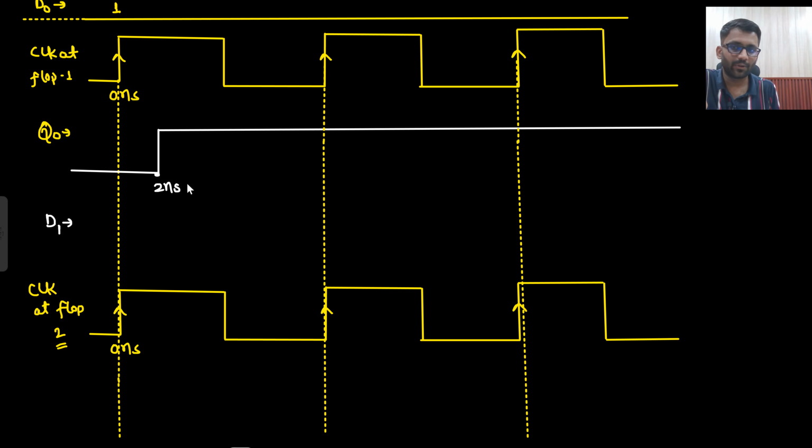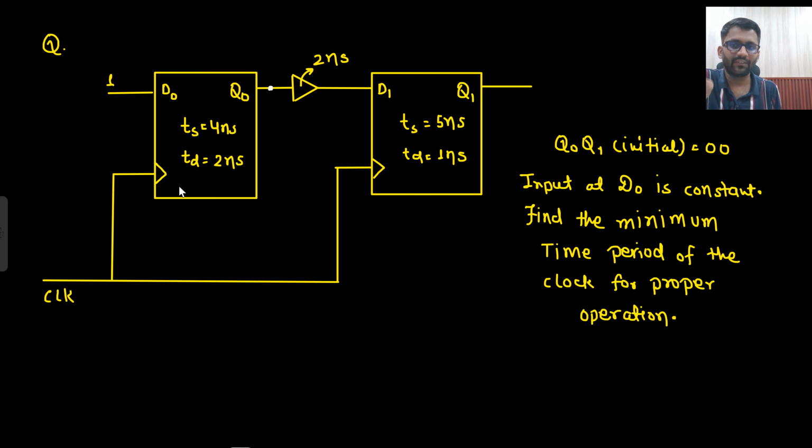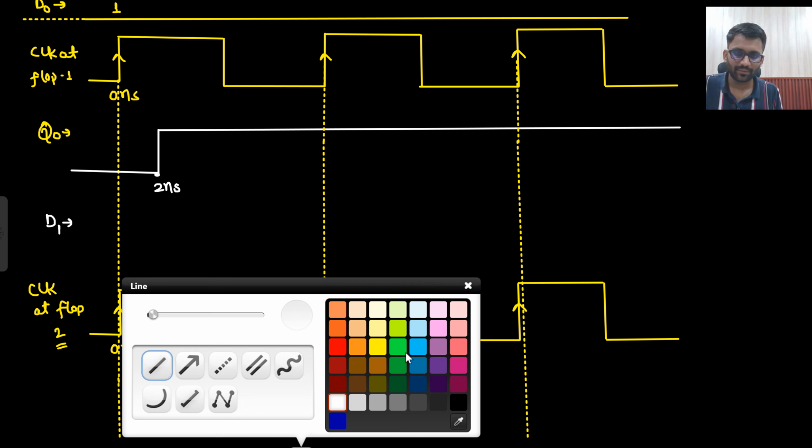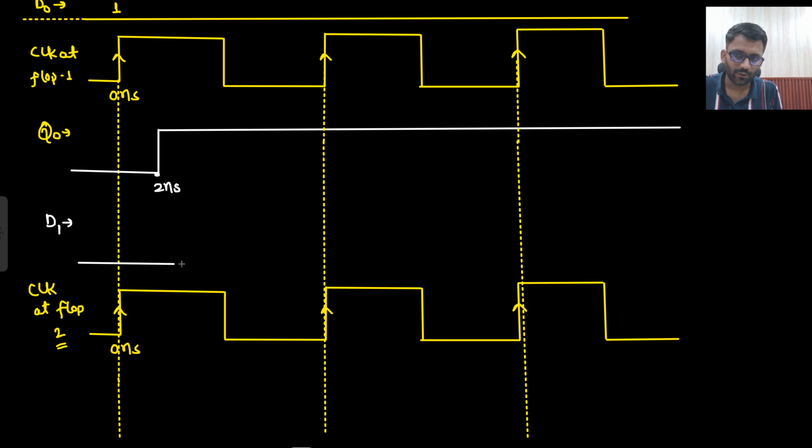But Q0 will say, yes, I will sample 1, but I need a time of 2 nanosecond. Now this data D1, when it reaches there, will be Q0 plus the delay of 2 nanosecond. Whatever the Q0 is here, Q0 plus the delay of 2 nanosecond will be your data at D1, right?